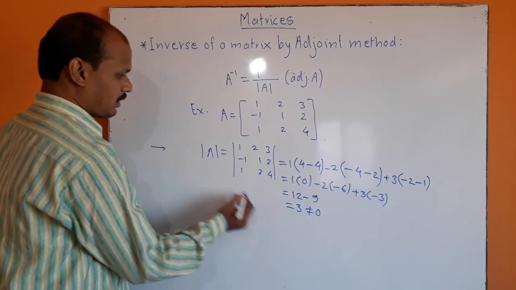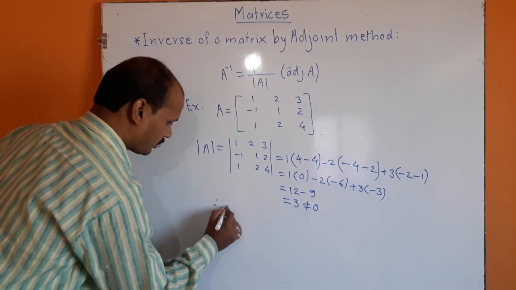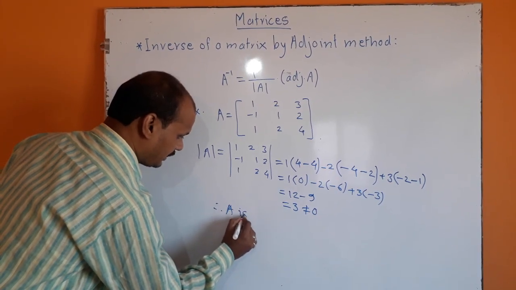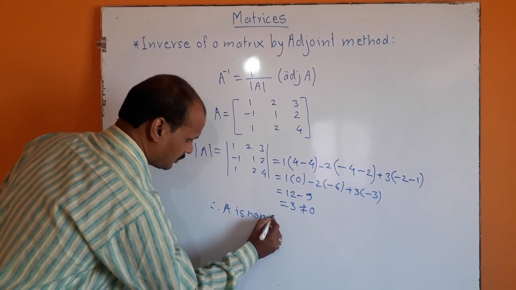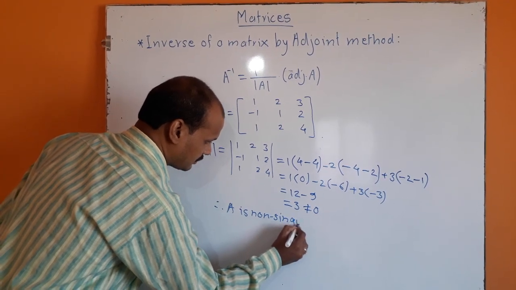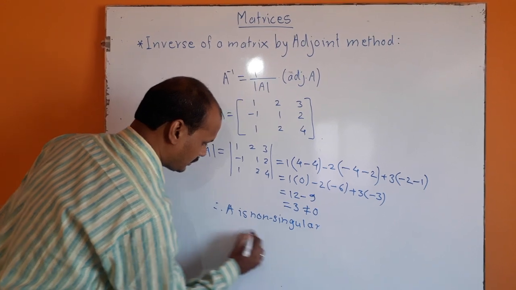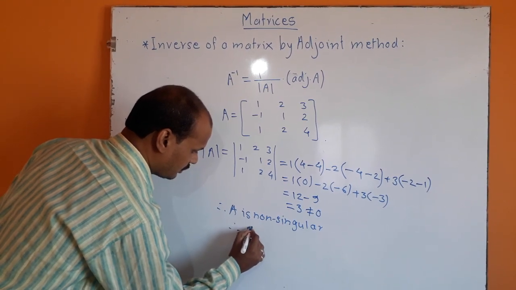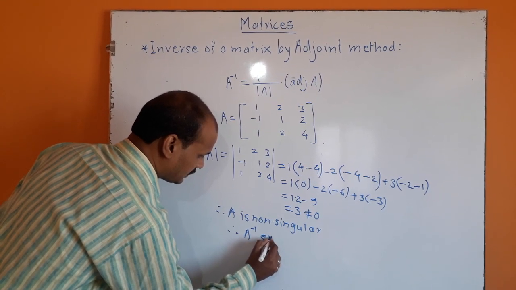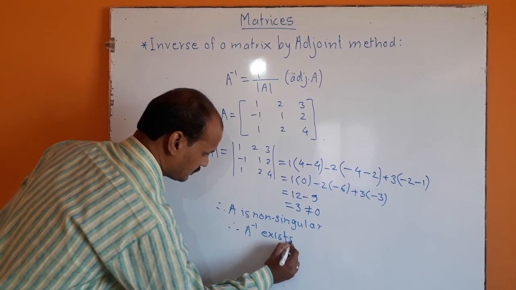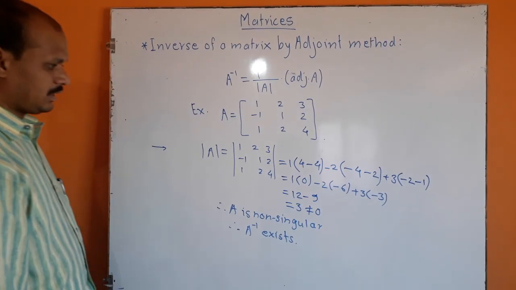Determinant of A is not equal to 0, therefore A is a non-singular matrix, so the inverse of A exists.